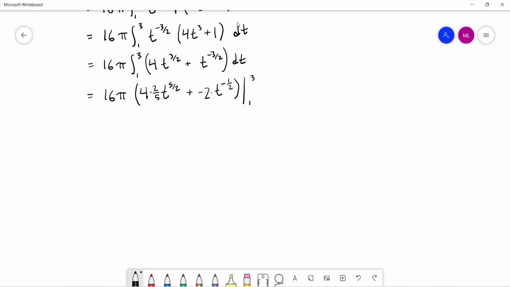And so we'll just plug these numbers in. It's not going to be pretty. It's going to be a big, ugly number. This is, at this point, something you can do on the calculator, essentially. But plugging in that upper bound, what is that? 8/5 times 3 to the 5/2 minus 2 times 3 to the negative 1/2, minus, doing the same thing, evaluating at the lower bound.